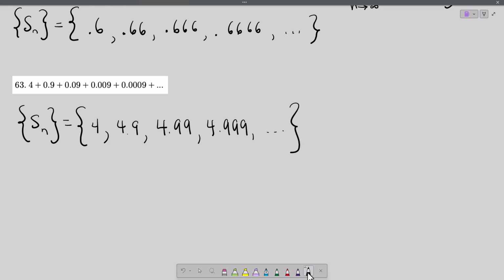So there's our sequence of partial sums. And the limit as n goes to infinity of this sequence of partial sums is going to be equal to? 5. Limit of that will be 5.